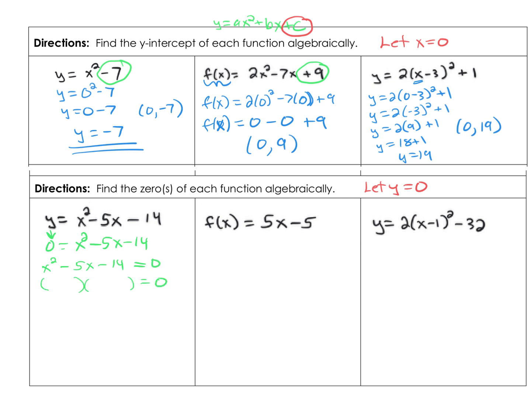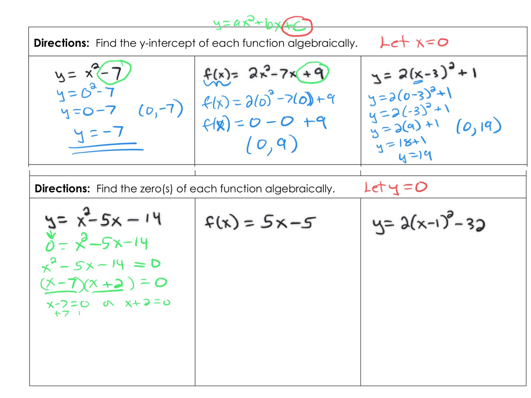We've done this lots of times. I need two numbers that multiply to give me negative 14 and add to give me negative 5. That's going to be minus 7 plus 2. When we solve by factoring, we set each factor equal to 0 and solve. So x minus 7 equals 0, or x plus 2 equals 0.